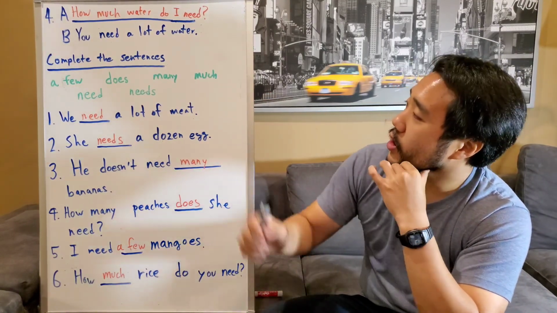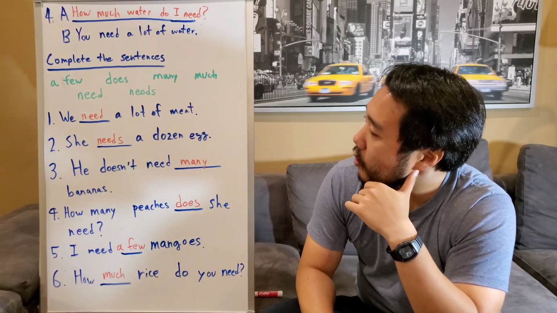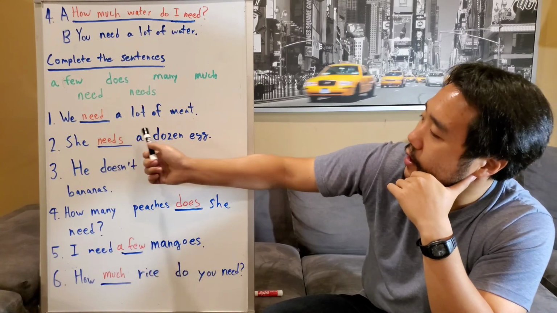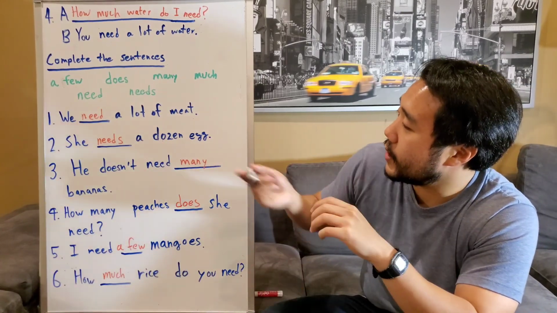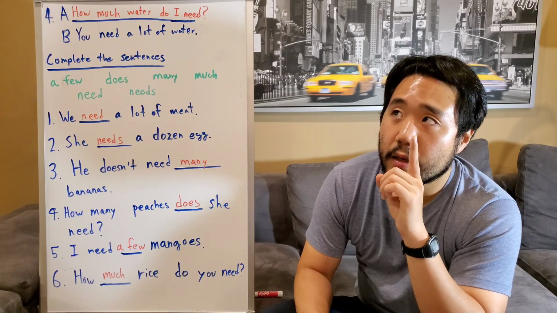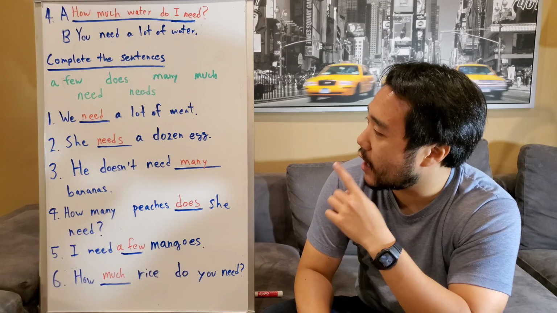And then here we're going to complete the sentences. So number 1, here I said we need a lot of meat. Meat is also non-countable, and the quantifier is a lot of.